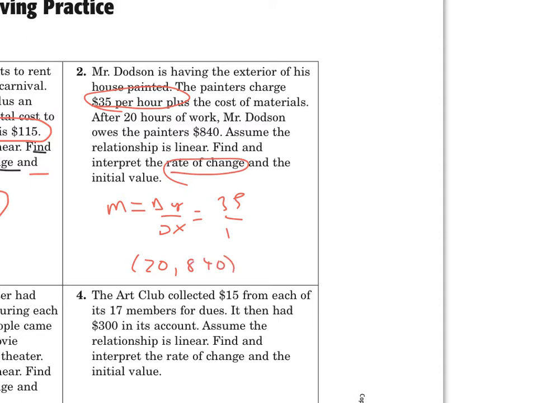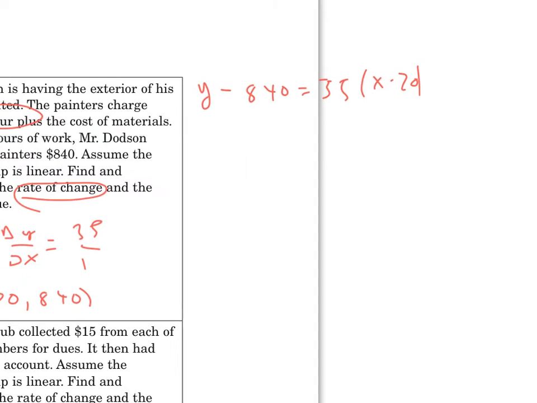And so then we go straight to writing an equation. y minus 840 is equal to 35 times x minus 20. Let me give myself a little bit more room here. These numbers are a little big.